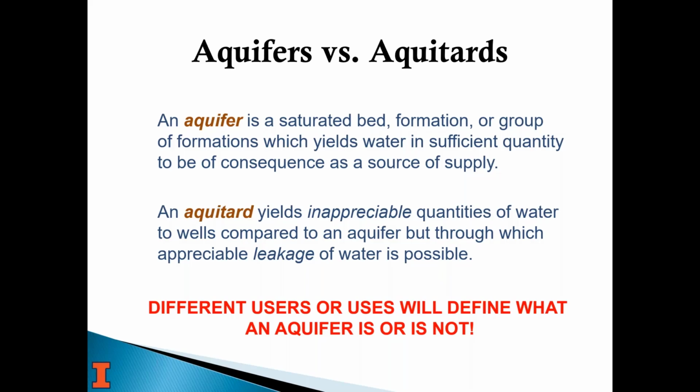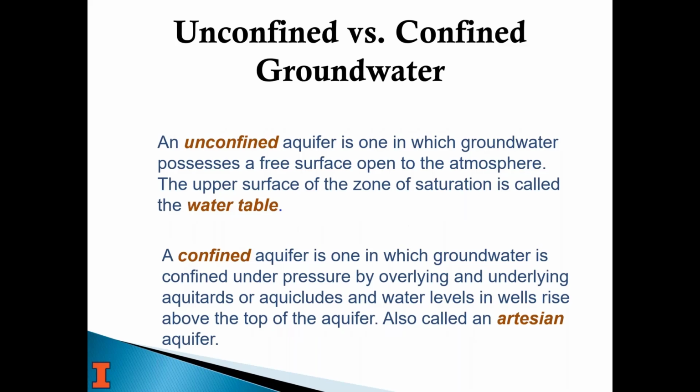And in the end, if I find on my property I can put in a well that'll pump maybe 10 or 15 gallons a minute, but it won't pump 25, even though the pump would, and because the aquifer isn't that good, that's an aquifer to me, but to the city of Champaign, that's not an aquifer. I wouldn't say it's an aquitard either, though. It really depends on what your use is, whether you consider it a useful aquifer or not. That's probably the better way to say that.